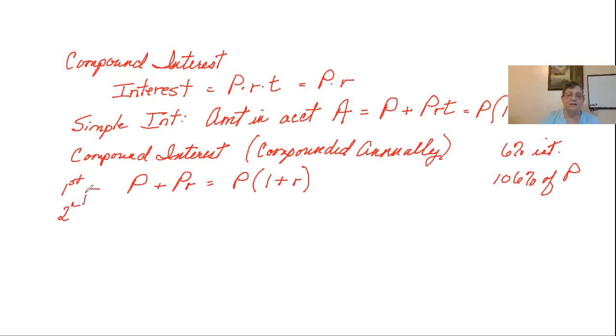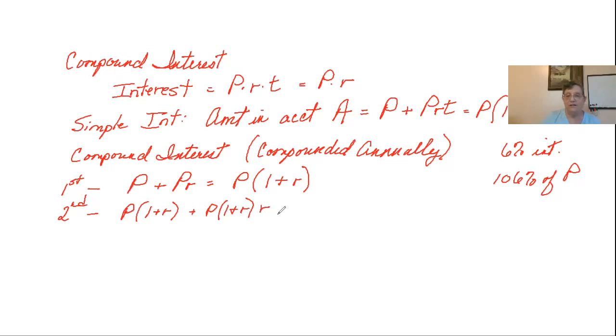Now, on the second year, you're now getting interest on your new principal. This is your new principal, the principal times 1 plus R. So say 106% of your original principal. So you've got P times 1 plus R, plus the interest on this, which for the second year is your principal times your interest rate. This is your principal.